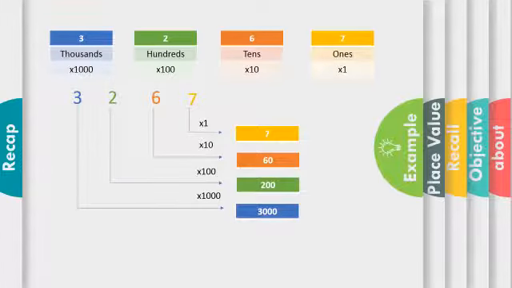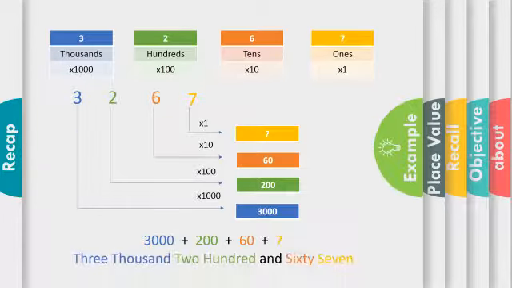And 3 is at thousands place, so I multiply 3 by 1000 and the answer is 3000. And how to read this number? 3267.